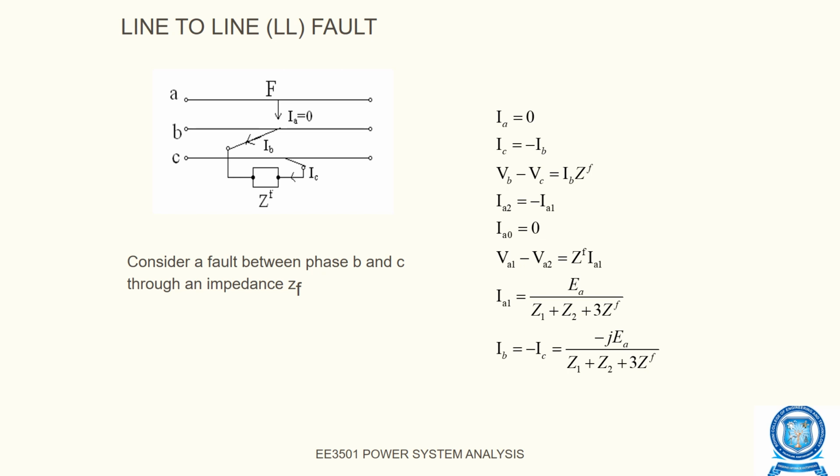Here A is undisturbed, so the current IA is equal to 0 and IB is equal to minus IC. Therefore, the fault current IF is equal to IB, which is equal to minus IC.